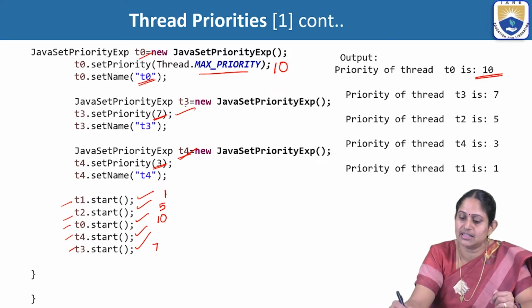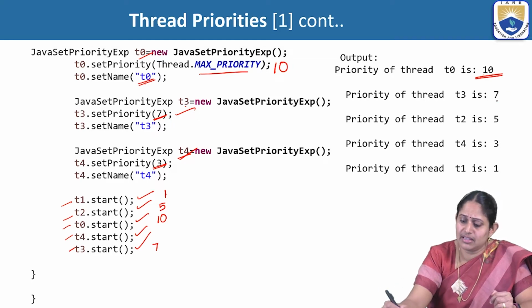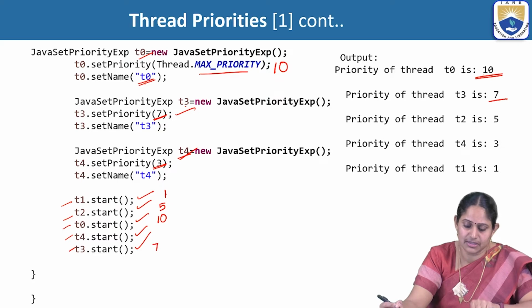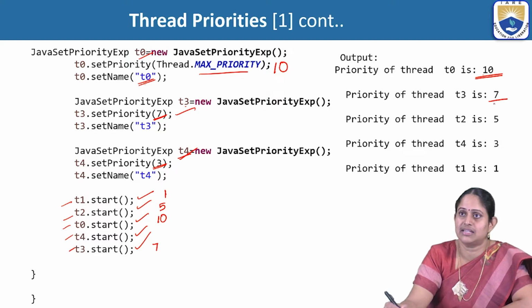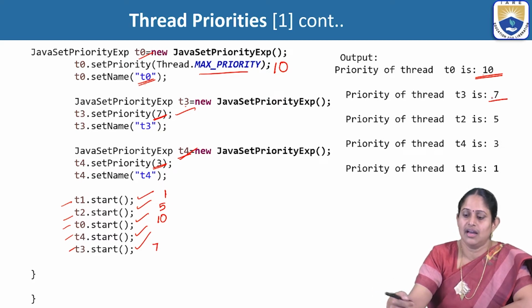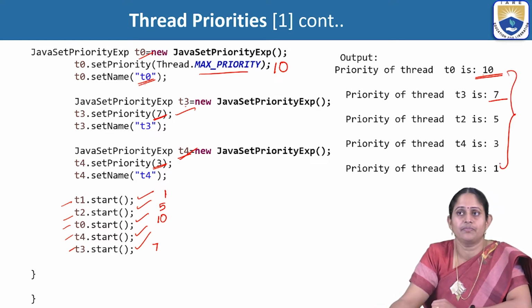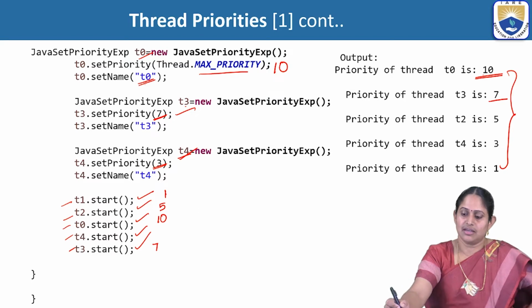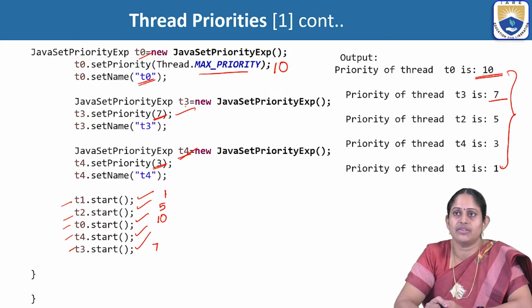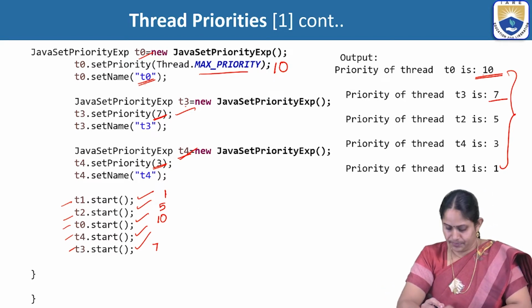It is given the CPU first, and then T3 is given the CPU because that is the next highest after 10. So we can see the order of execution here. This is how priority decides which thread is to be executed.